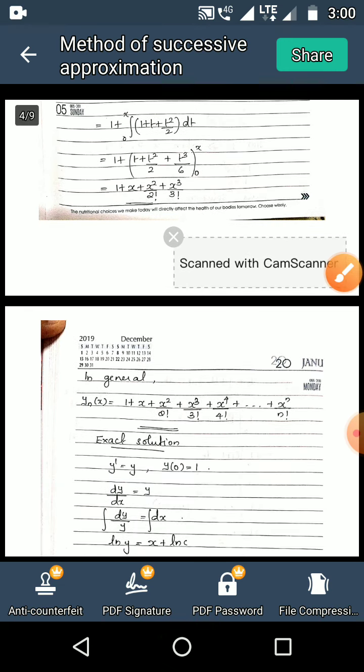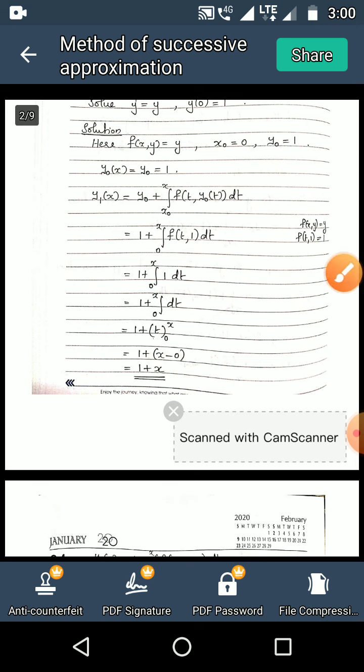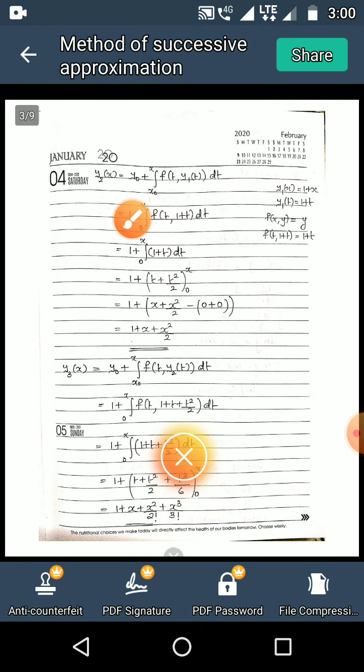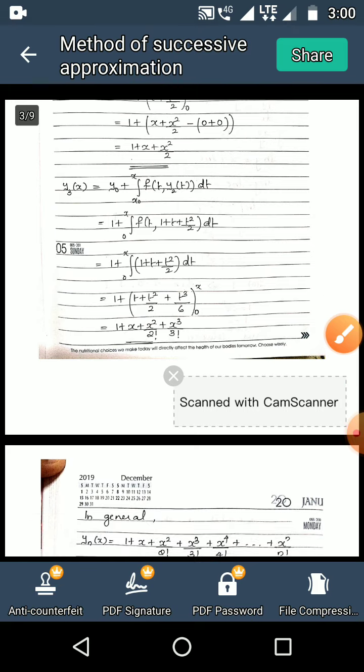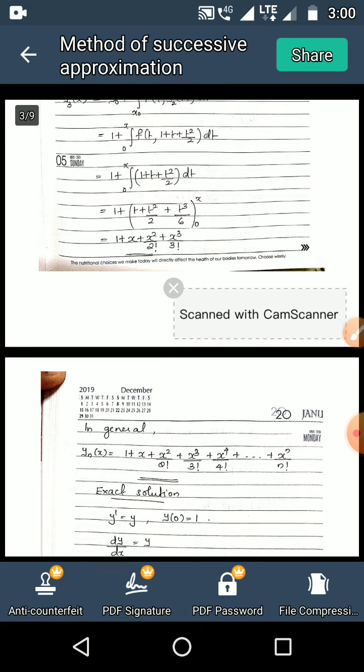So in general, if we write yn of x, let's have a look. y1 of x is 1 plus x, up to x to the power 1. y2 of x is 1 plus x square by 2, and y3 of x is 1 plus x square by 2 factorial plus x cube by 3 factorial. So y4 of x will be 1 plus x square by 2 factorial plus x cube by 3 factorial plus x raised to 4 by 4 factorial.